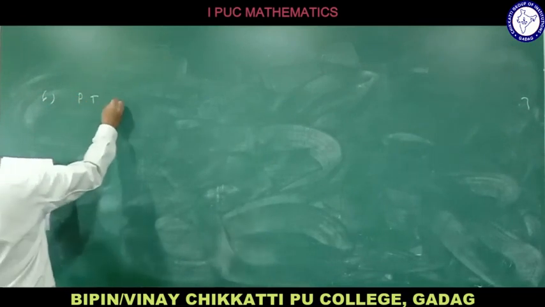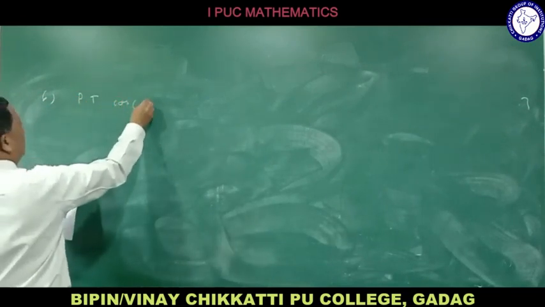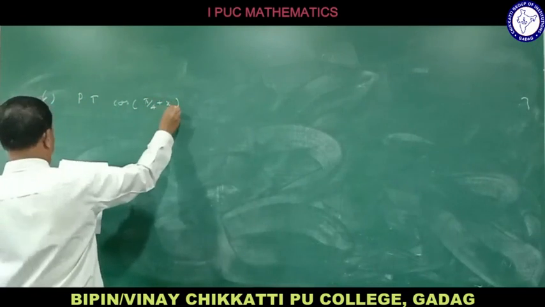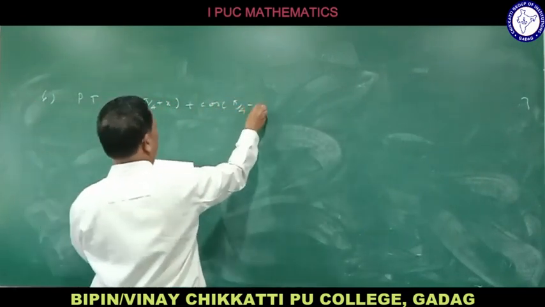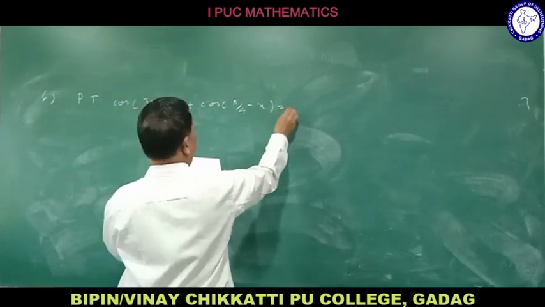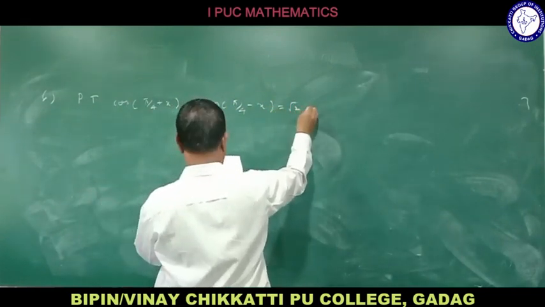So problem 6 is: prove that cos of pi by 4 plus x plus cos of pi by 4 minus x is equal to root 2 cos x.